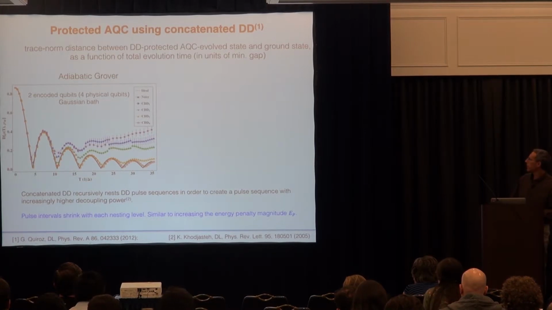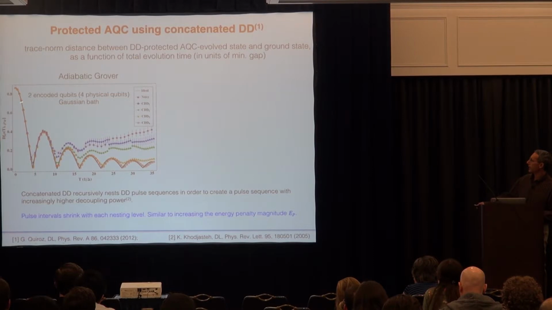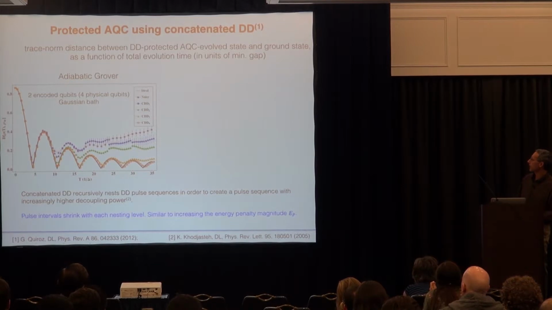How well does this work? Very briefly, here's a figure from this paper with Greg Quiroz. We looked at this numerically for the adiabatic Grover algorithm. What you're looking at here is the trace norm distance between the dynamical decoupling protected evolving state and the eventual ground state, as a function of total evolution time in units of 1 over the gap.